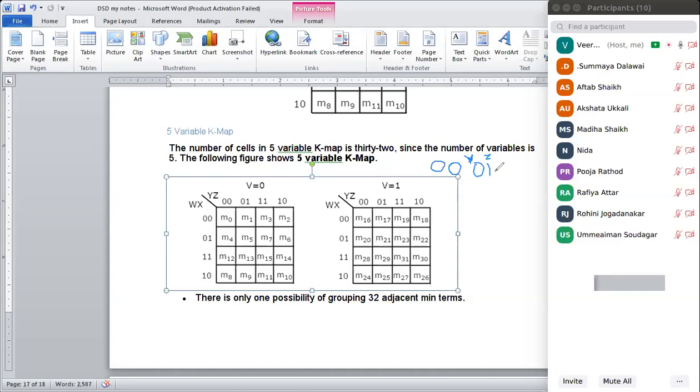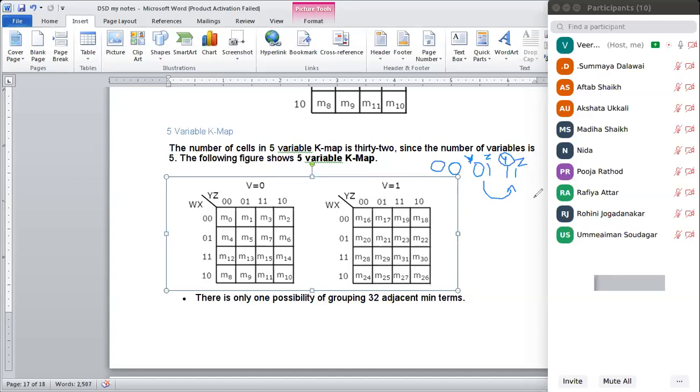For the next, I am writing 1 1. Why? Because I am keeping z as it is, only y is changing here. It means from this term to this term, only one variable has changed, that is y. Z is remaining as it is. My intention is to save the transitions. Why do I have to save the transitions?